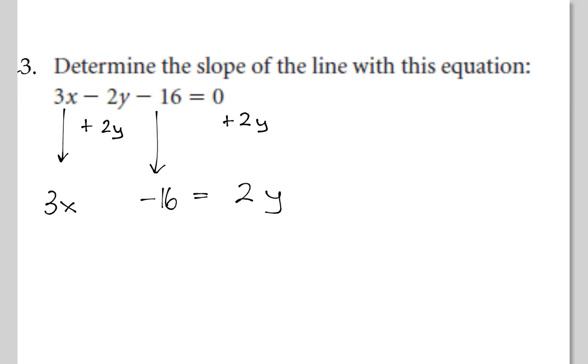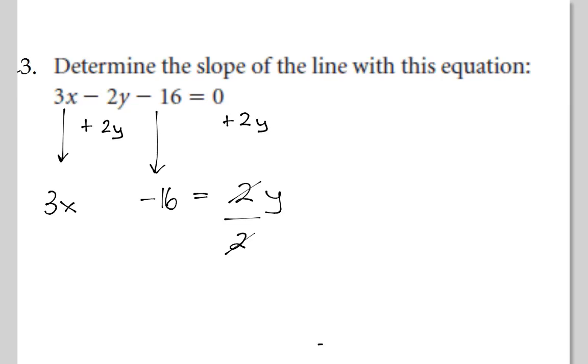So is y by itself closer, but not quite? What's the coefficient on the y? On this board? 1. What's this coefficient? How do I make 2 look like 1? Divide by 2. And you always have that pattern. You divide by the same number in front of the coefficient.